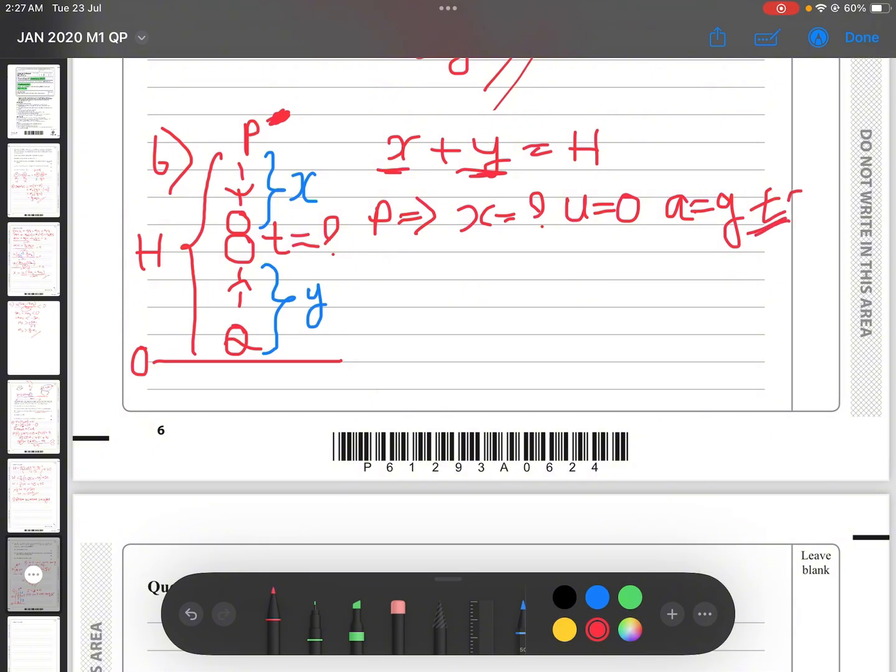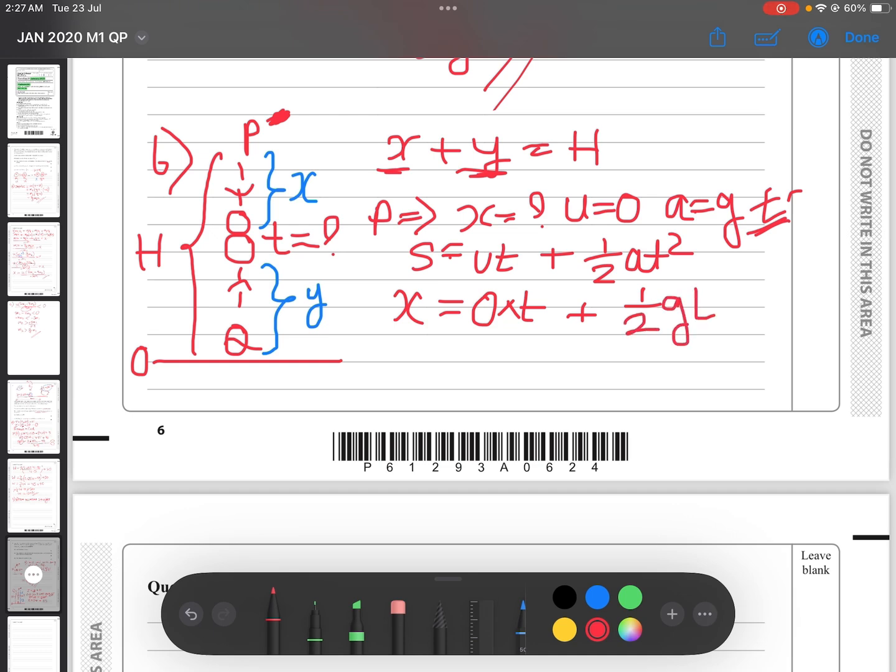Now using the equation s equals ut plus half at squared. My s is x. My u is the initial velocity, which is 0, times t, which is obviously 0, plus half g t squared. So we get the equation x equals half g t squared.